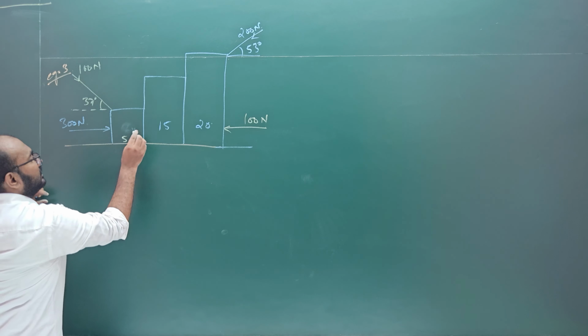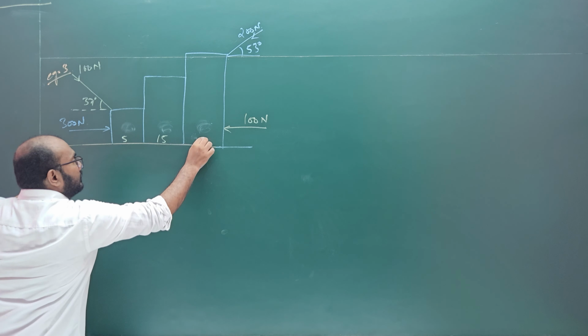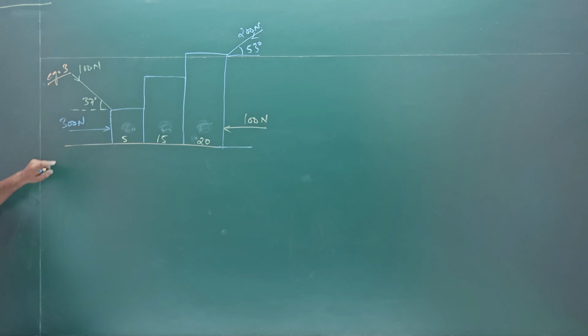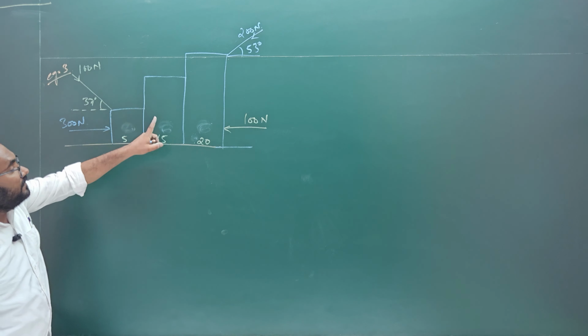Now can I say that this 5 kg and this 15 kg, 5 kg will apply some amount of force on 15 kg, and 15 will apply the same amount of force on 5 kg. So let us say this one is nx and this one is also nx. Similarly, 15 kg will apply a force on 20 kg.